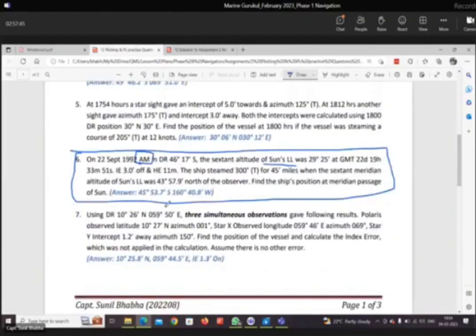This is a sun site and it is mentioned in the question, it is AM, so sun is east of you. जब भी sun हमारे ईस्ट में होता है, LHA is equal to 360 minus P. ओके सर, ठीक है सर, थैंक यू। Perfect, that's right.